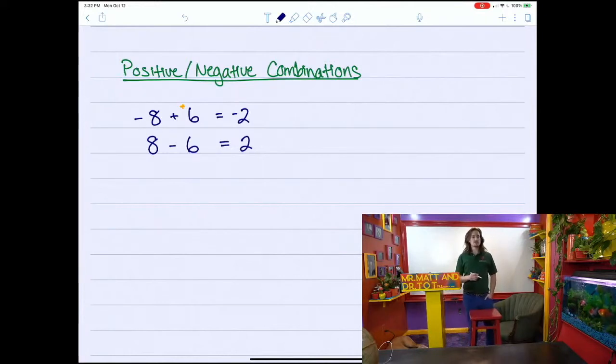With multiplication and division, if you have two of the same sign, then it's going to turn positive or remain positive if it already was positive. If only one of the values is negative, then the result will be negative. If you have an odd number of negative terms, your result will be negative if you're multiplying or dividing.